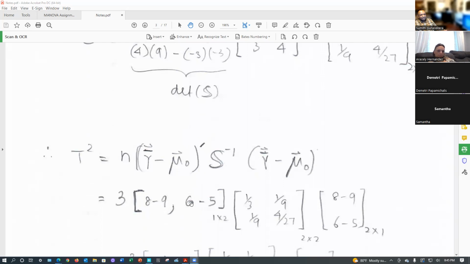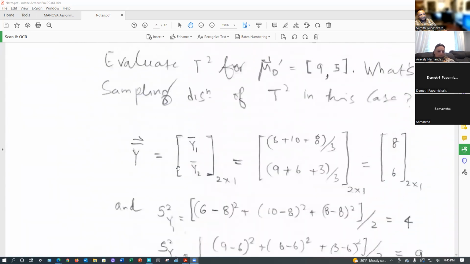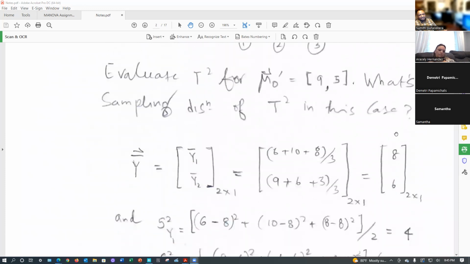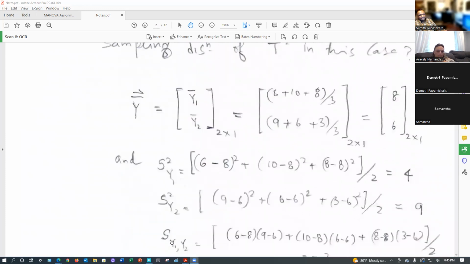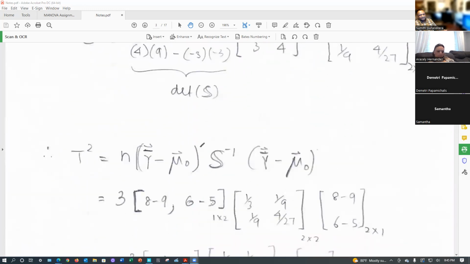That's why I wrote this one in this horizontal form, as a row vector. Y bar is 8. The first entry of mu naught is 9. I'm going to subtract 8 minus 9. The other entry, 6 minus 5.